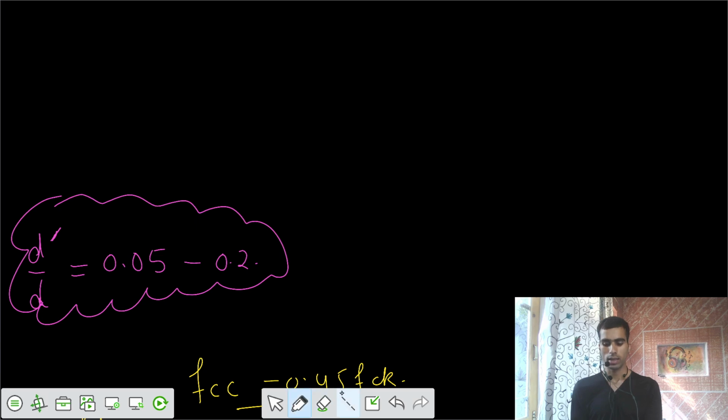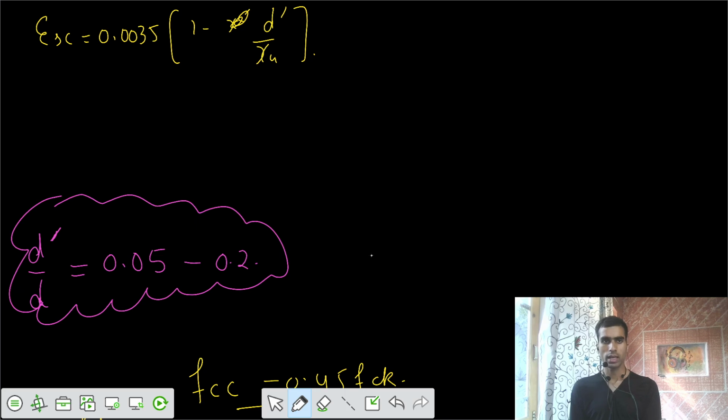Let's analyze this. I would say the strain in compression steel is 0.0035 times (1 minus d dash by xu). One more thing is that we want to see what value of FCC we are going to take. We know that the stress in concrete is maximum at 0.45 FCK, and then it decreases to 0 at the neutral axis.